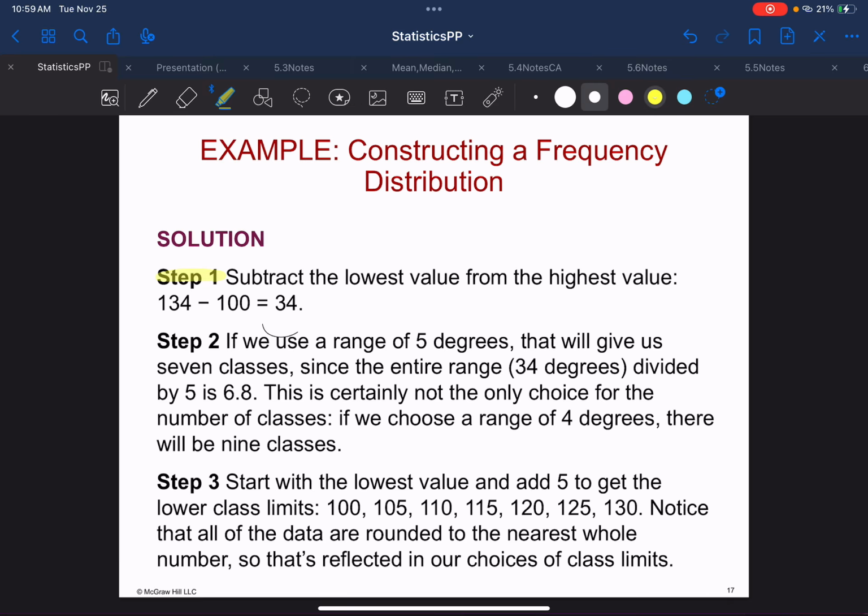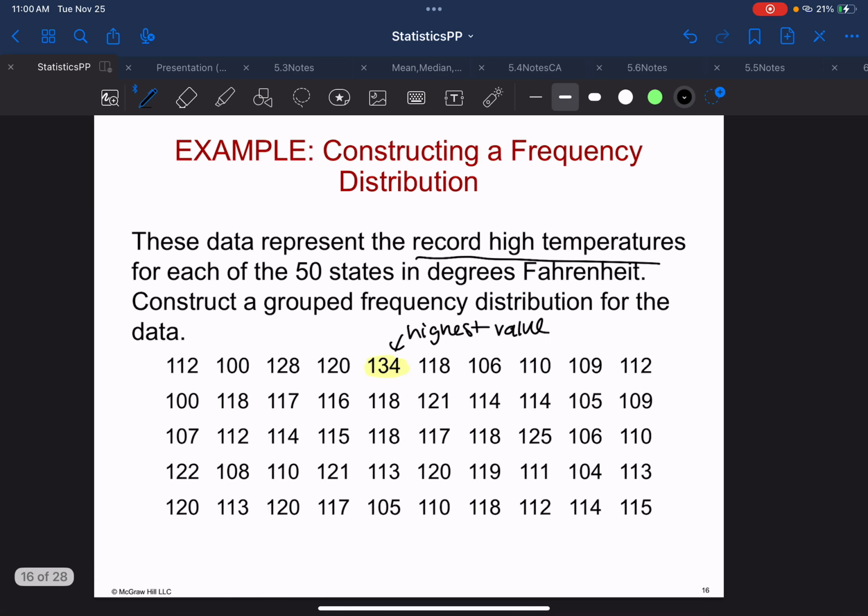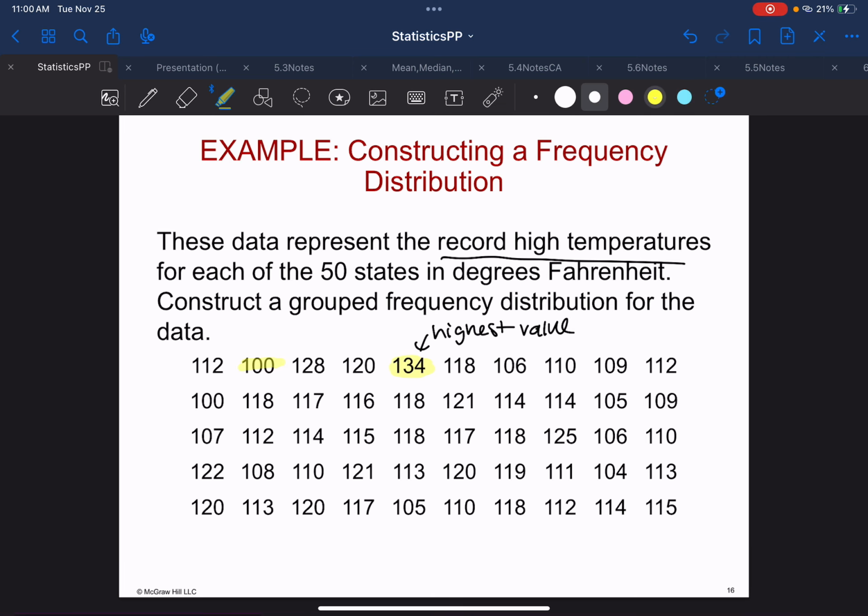So the first step is to subtract the lowest value from the highest value. So if we look in this data, the 134 is the highest value, and the 100 is the lowest value in this data.